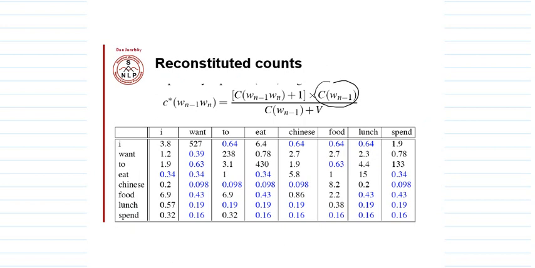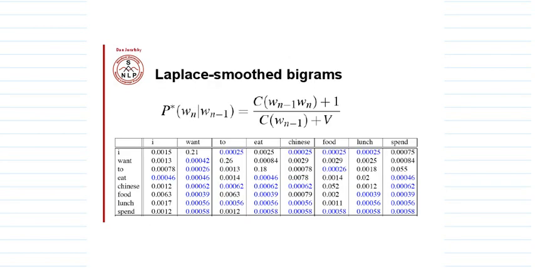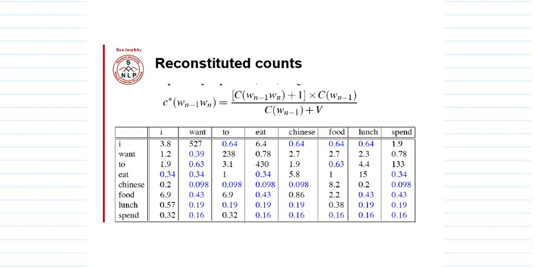On the basis of the size of the corpus, we can reconstitute the counts. So in this way we get non-zero counts here, as well as non-zero probabilities. This technique is called smoothing.